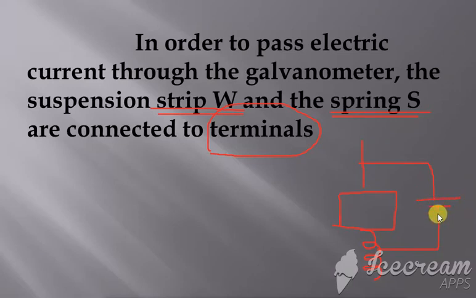Okay, so that current can pass through the galvanometer. Clear? So this is about the construction of moving coil galvanometer.